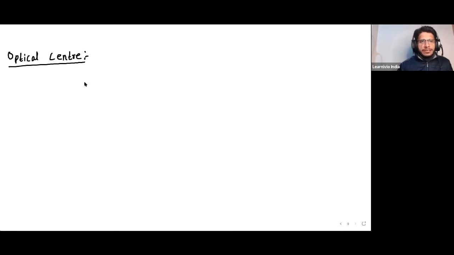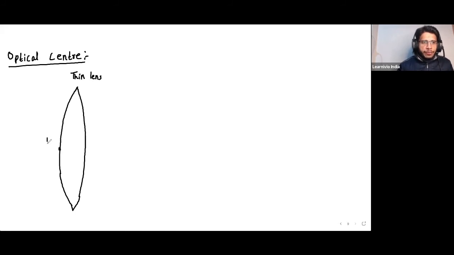If I take a thin lens, whatever we study and derive, we derive everything for a thin lens. Though I'm not drawing a thin lens, this is a very thin lens. This lens is so thin that the separation between P1 and P2 is negligible. And this is the optical center of the lens.